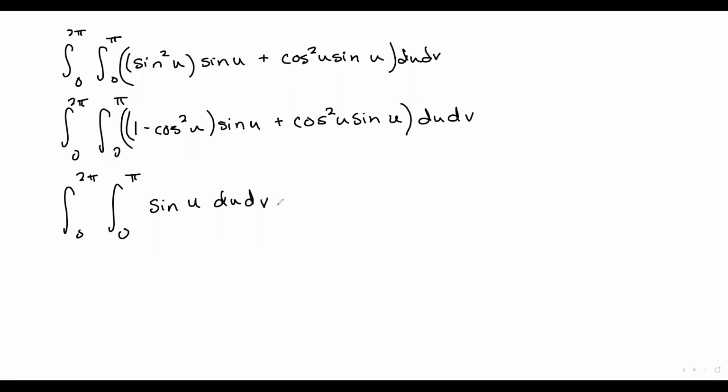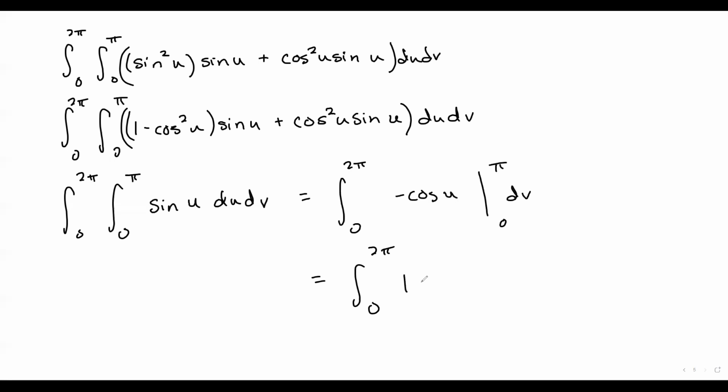And so let's just do this, because again, the point is just to get to the answer here. So the antiderivative of sine is going to be negative cosine of u evaluated 0 to pi. Plug in pi, and when you plug in pi, you get -1.